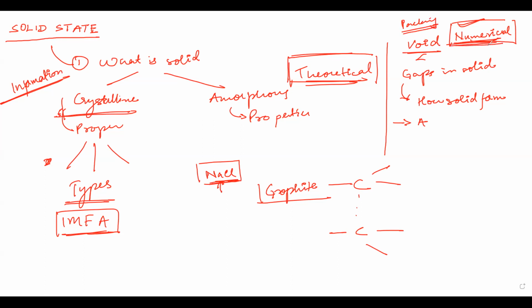After that you will be more able to deal with the theoretical portion. What is solid? Everyone knows it has high intermolecular forces of attraction, a definite shape, definite volume, and so on. Now let's start with the conceptual part, that is packing and voids.